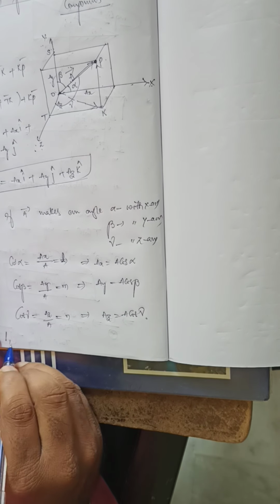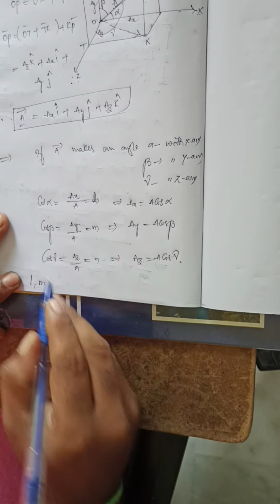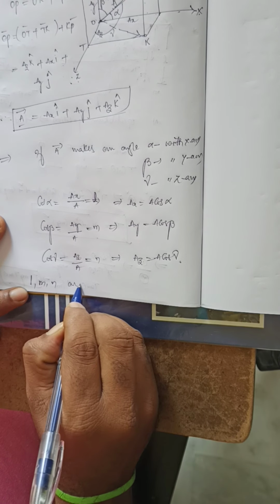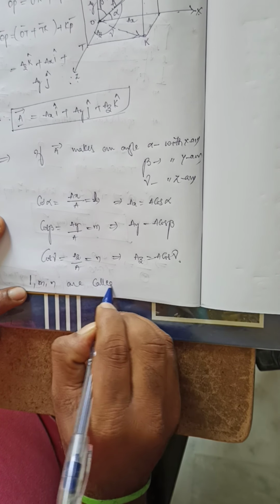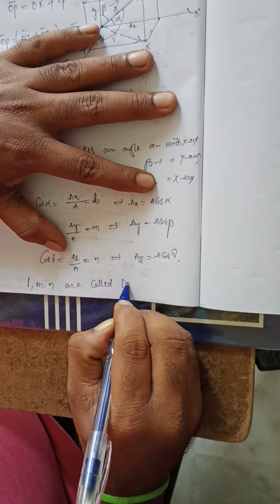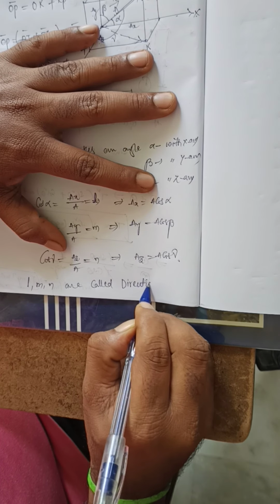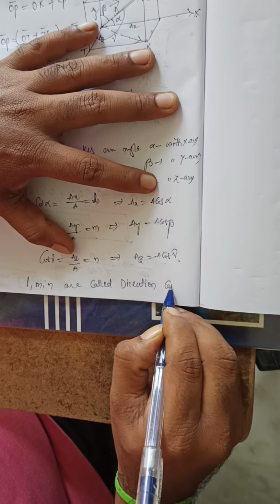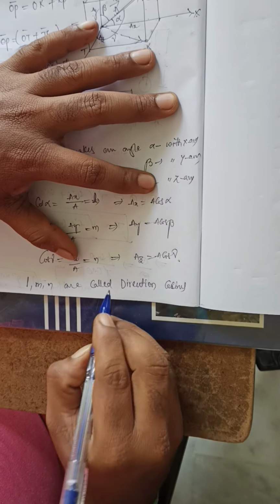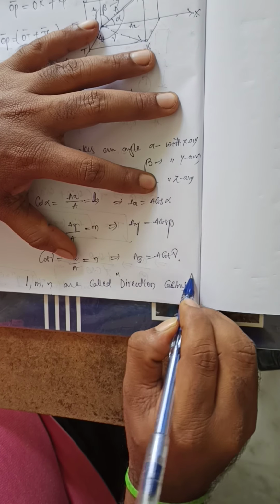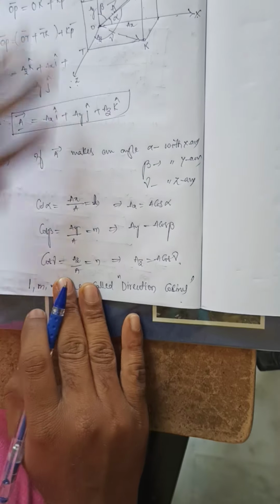These l, m and n are called direction cosines of the a bar vector. This is a very important point.